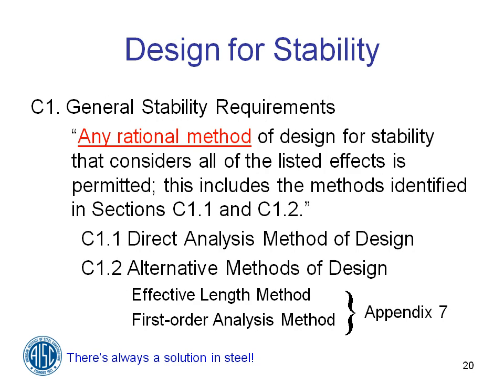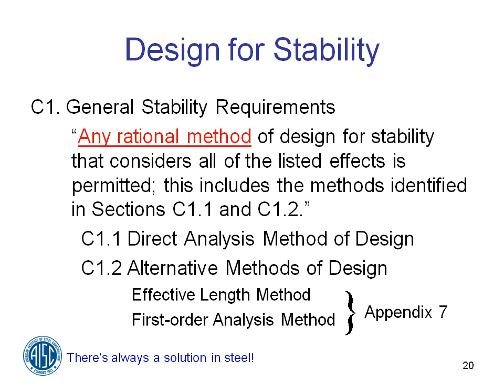It goes on to say that any rational method of design for stability that considers all of the listed effects is permitted. So again, an important concept, any rational method. We're going to provide a method, or three methods actually, but if you can come up with another rational method, it is permissible to take that route.